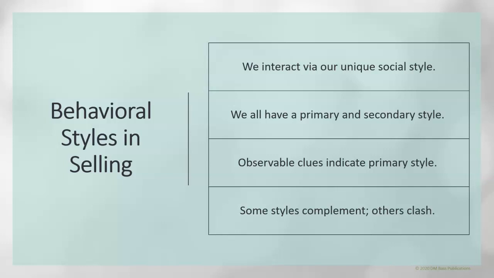You'll also see some styles complement each other while other styles are very different from each other. That's where you really need to understand what your customer's social style is, because you definitely don't want to have a clash in communication.